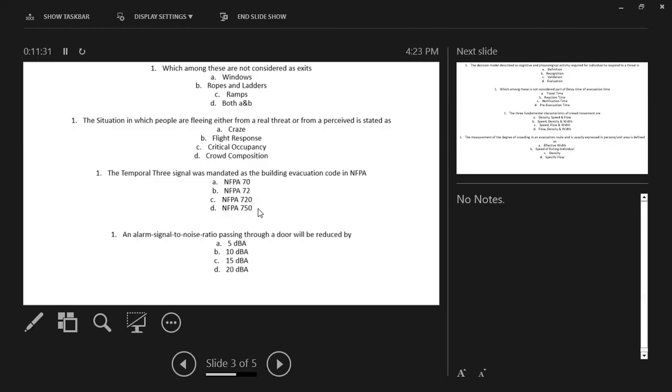It will always be reduced by 15 dBA. If you remember, we were discussing 75 dBA as a sound pressure level. If I have a door or a wall and a person there, there will be a reduction of 15 dBA. So I have to keep the sound pressure level at 90 dBA, so that after the loss, when the person reaches, it is going to be 75 dBA. So from either a door or a wall, it will always be reduced by, as a constant, around 15 dBA.